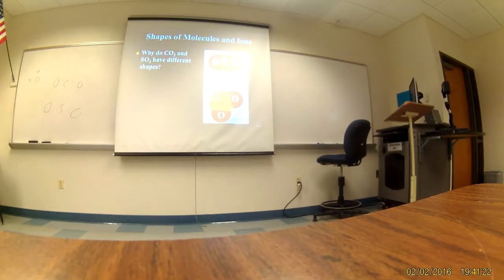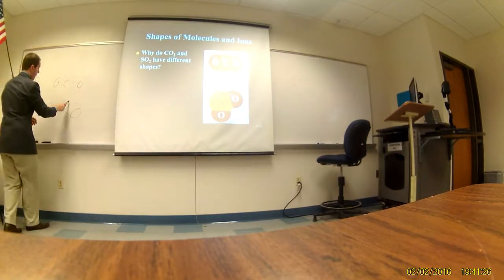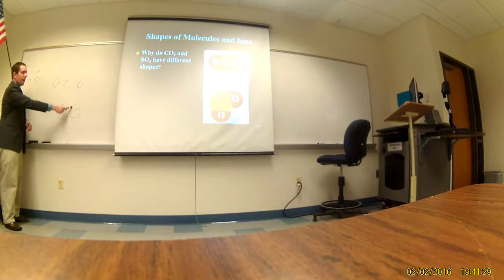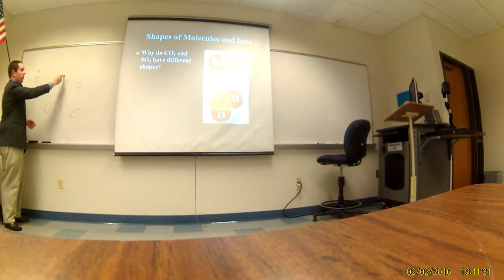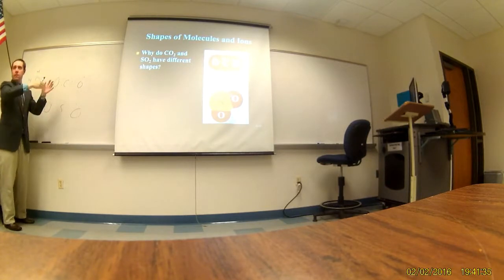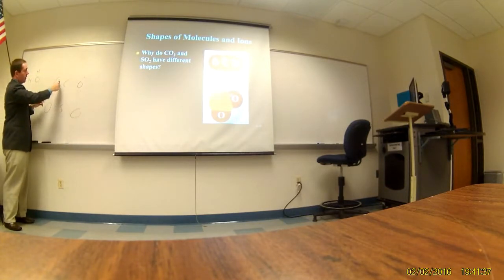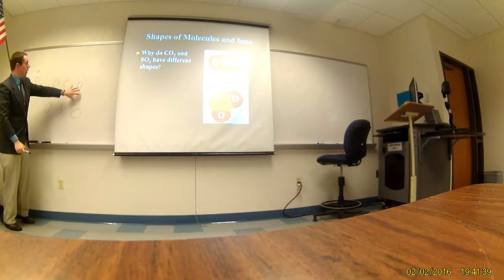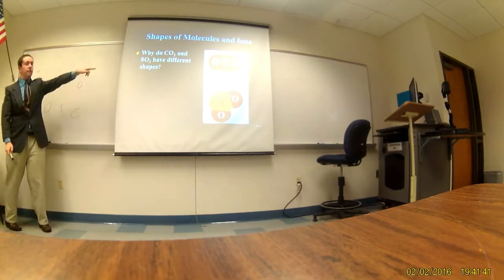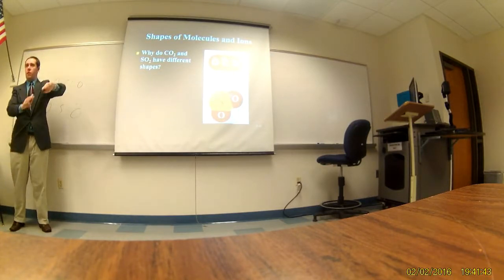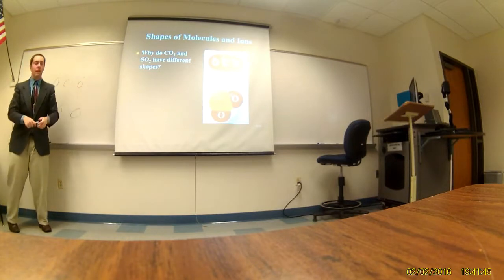Why? Here we have 3 things. So here we only have 2. There's 2, it's linear, it's straight. And there are no lone pairs on the center atom, and so our parent structure is our shape. Because we don't erase anything, it stays the same.